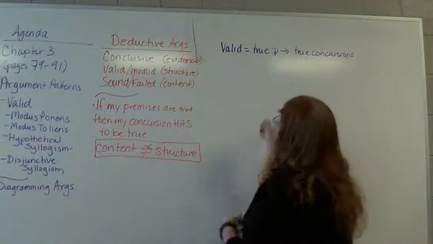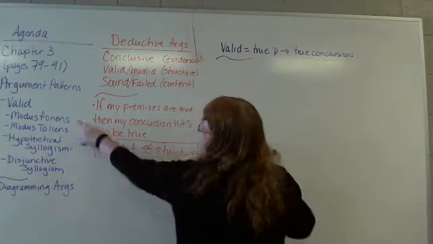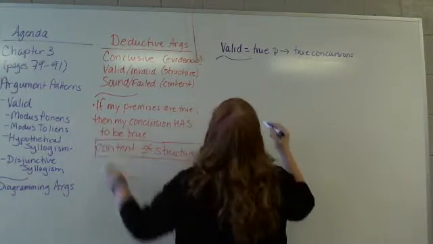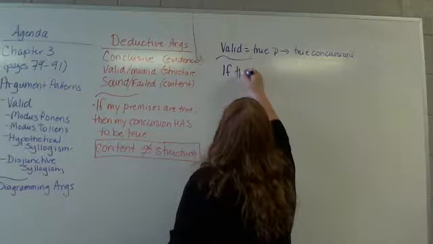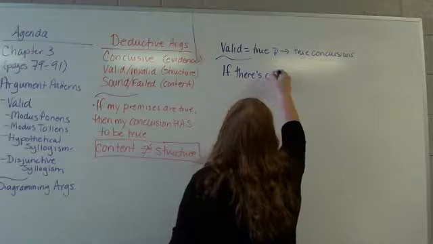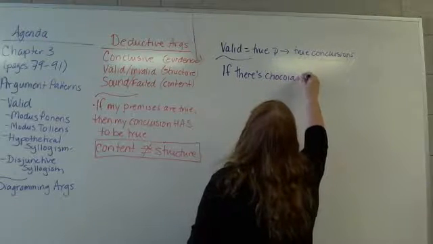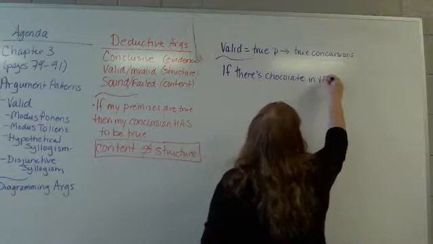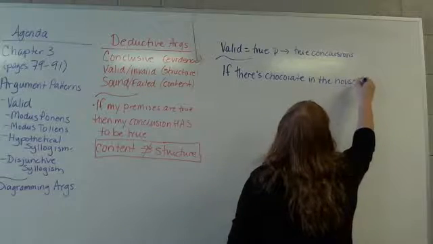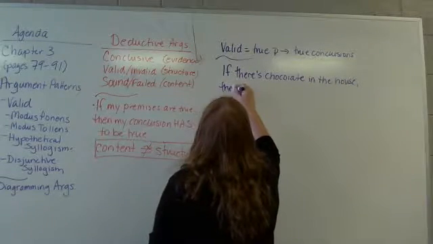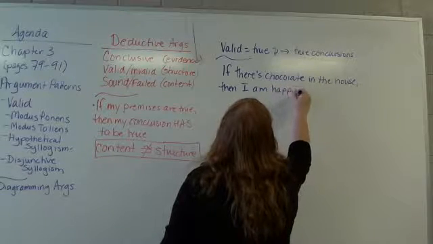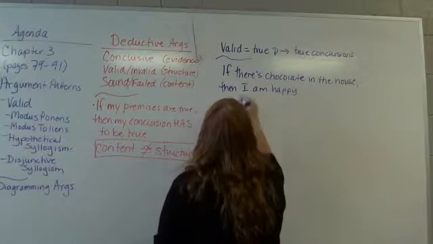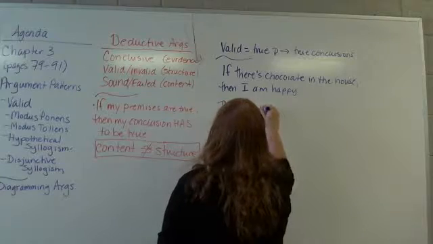And so the first one I'm going to show you is this first item here, modus ponens. Okay, and I have this really silly little argument. If there's chocolate in the house, I am happy. Okay, that's my first premise. Second premise. There's chocolate in the house.